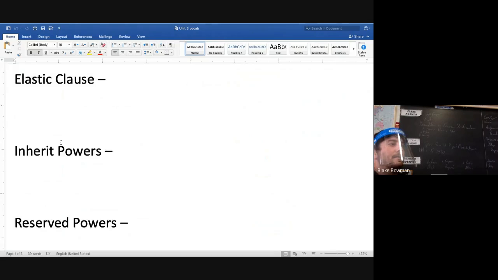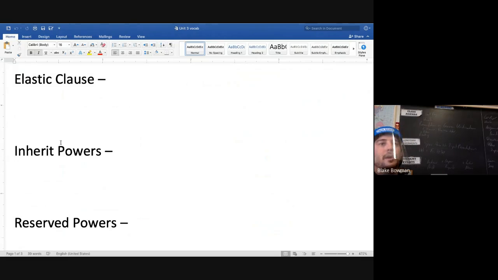Inherent powers. What are inherent powers? What do we got for this one here? Sarah, what do you got? Yeah, good job. So they're almost like executive orders, right? So they're laws that are established by the president, okay, in executive session. Right?